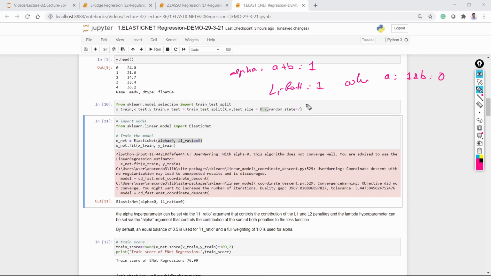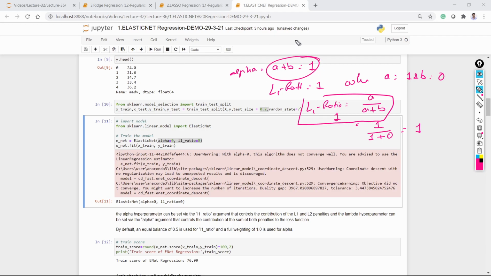The L1 ratio formula is a by a plus b, which is 1 by 1 plus 0, which means the value is 1. So L1 ratio is equal to 1 at alpha value 1. So alpha is equal to 1 and L1 ratio is equal to 1, and it is the lasso regression.